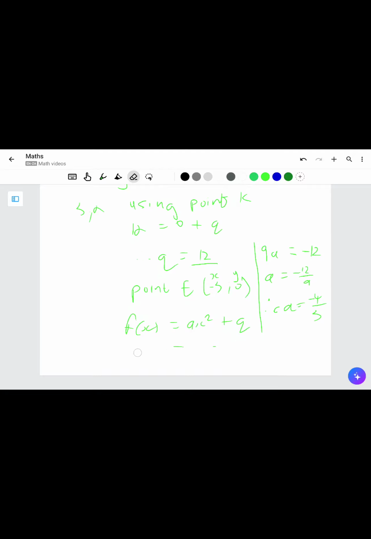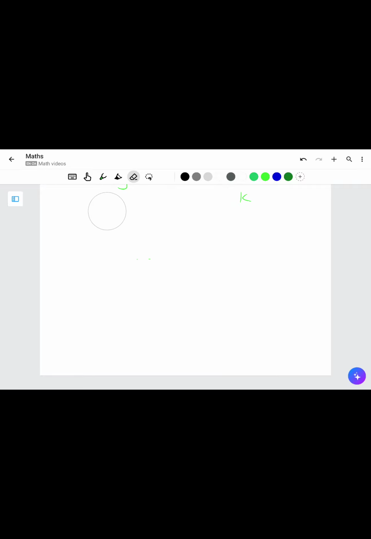So you can now say that f of x equals, remember a is negative 4 over 3, x squared plus 12. And that will be your equation for f. Okay, let's go look at the next question. I'm just going to make some space here again.